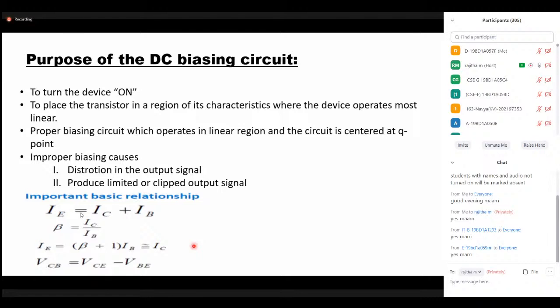These are the most important basic relationships in a transistor. To obtain the quiescent values of the output current and the quiescent output voltage VCQ, we require these relations.